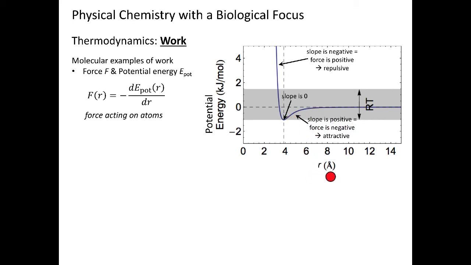Negative force means it's pointing in this direction, so towards smaller r, and this is attractive. If you pull the particles very, very far apart, basically where the potential becomes 0 and at some point also the slope becomes 0, then the force is 0 again. So if they're far apart from each other, they don't see each other, there's no force between them.